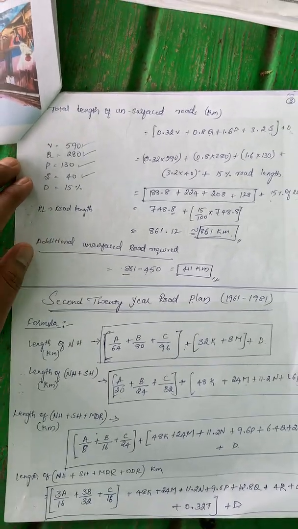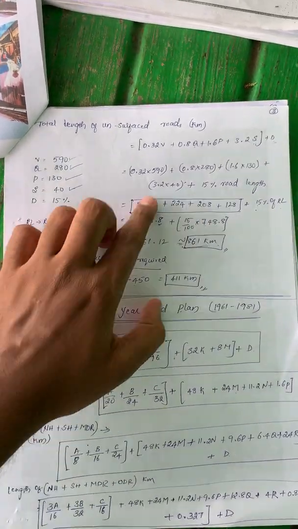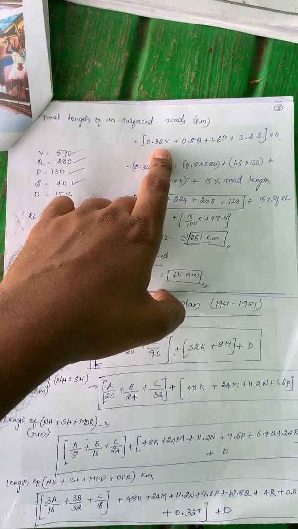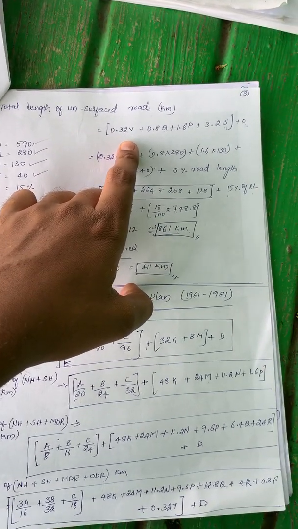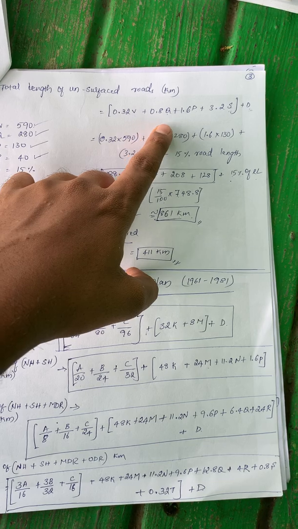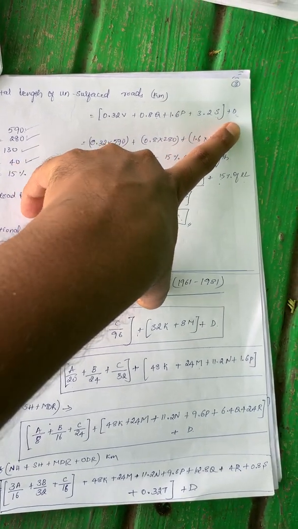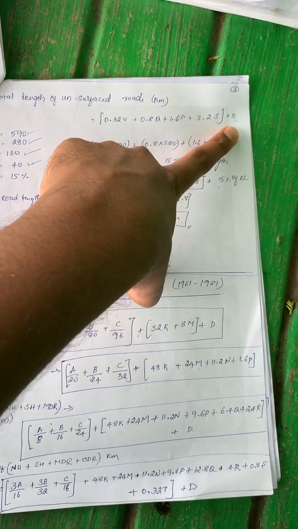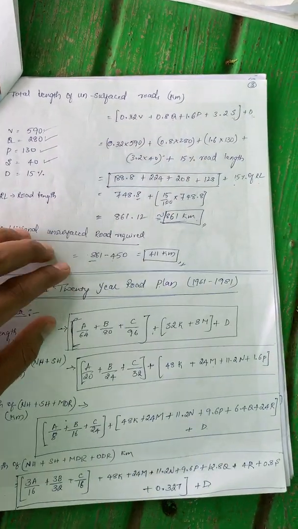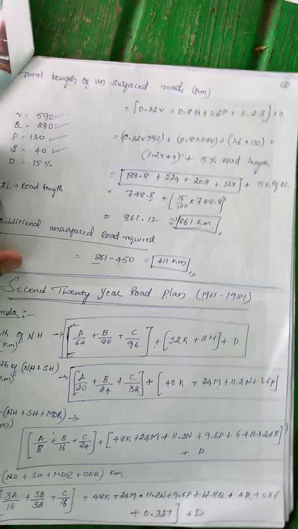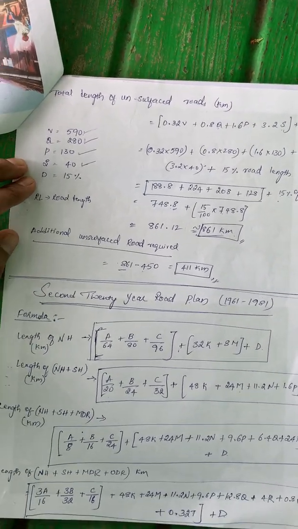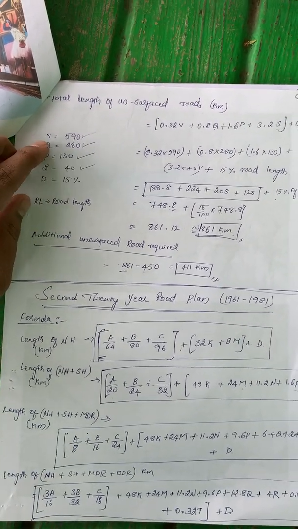Next we move on to the unsurfaced road. Here they have given the formula for the unsurfaced road: 0.32 times V plus 0.8 times Q plus 1.6 times P plus 3.2 times S plus D. D is the allowable development allowance, that is 15% of the road length. In the tabular column they have given the population in different categories.